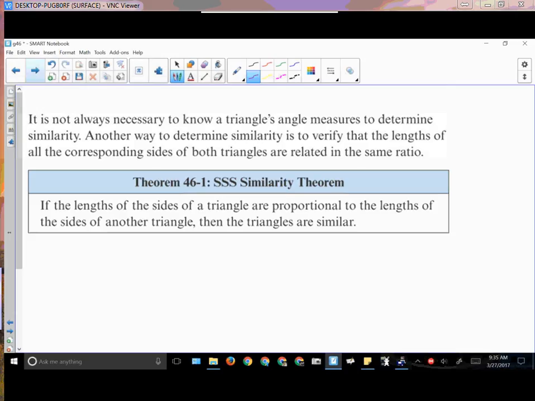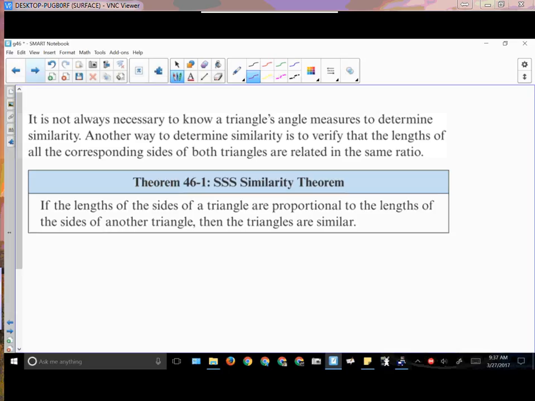Here's another one for you to write down. The side-side-side similarity. You know, if you've got a triangle that's really far away, and you're getting closer to it, angles don't change. The size of it appears to change as it's getting larger as you get closer.